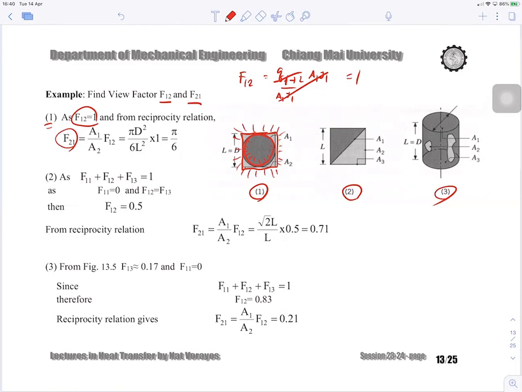And the area of A2 is 6L squared, multiplied by F12, which is 1. Why is the area A2 equal to 6L squared? Once again, in 3D it is something like that, right? It's a cube, and it has the circle or the sphere inside. Okay.